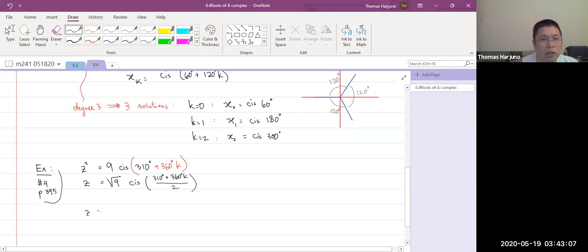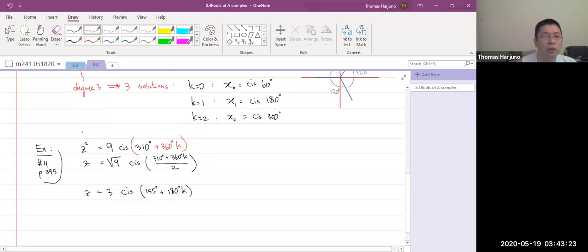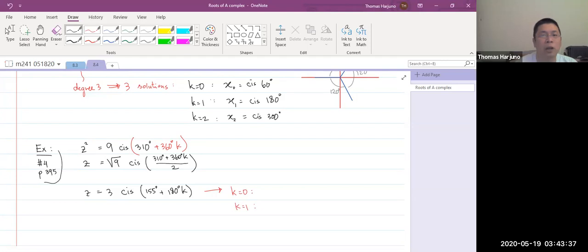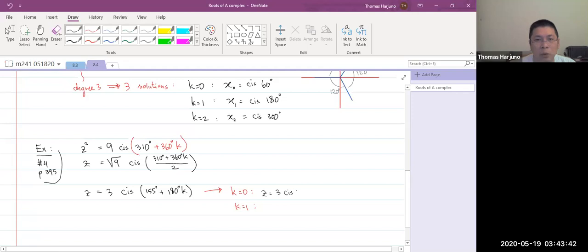So c equals 3 cis 155 degrees plus 180 degrees k. Now there are two solutions because it's degree 2. What are those two solutions? When k equals 0 and k equals 1. When k equals 0, c equals 3 cis 155 degrees.